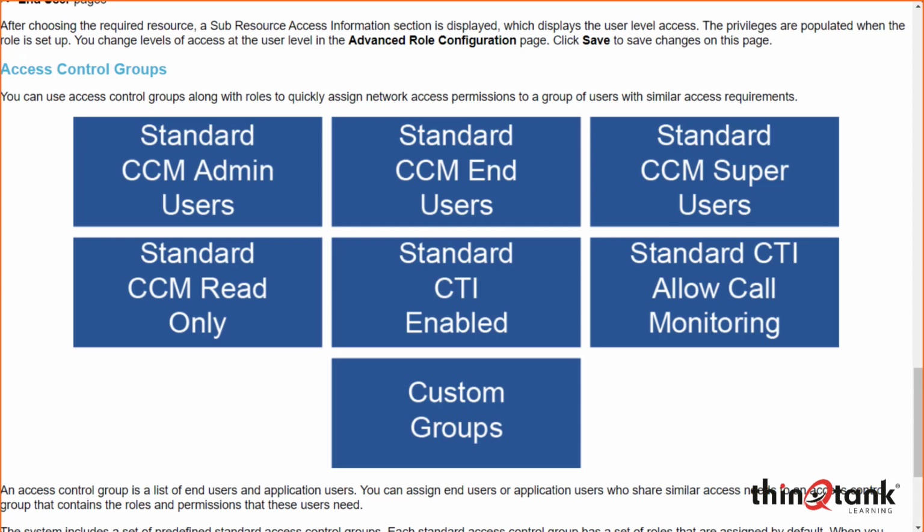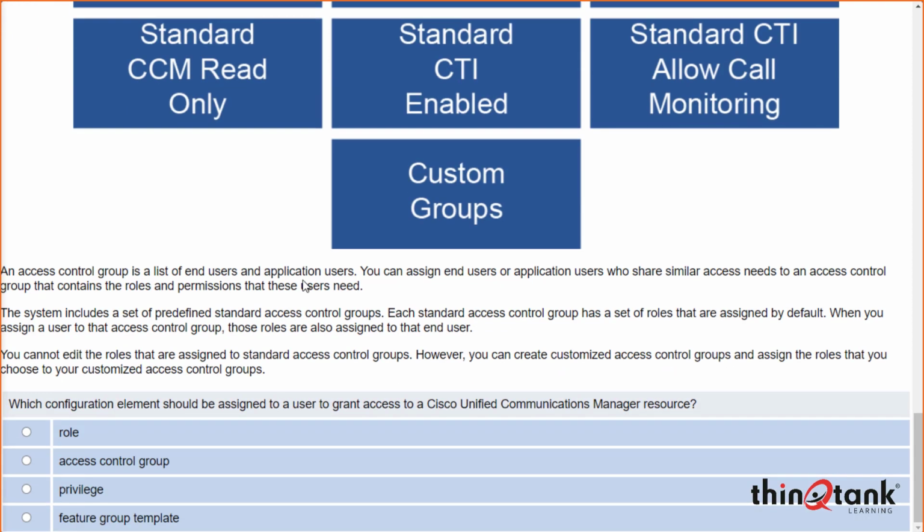I mentioned a few of these already. Standard CTI enabled, standard CTI allowed call monitoring, standard CCM super users. I'm not going to get into specifically what each of these groups provide, but when you navigate through, you can go into these groups and then drill down into the roles and see what applications they have access to and what functionality they have access to within that application. But we're not going to get into that in this section here.